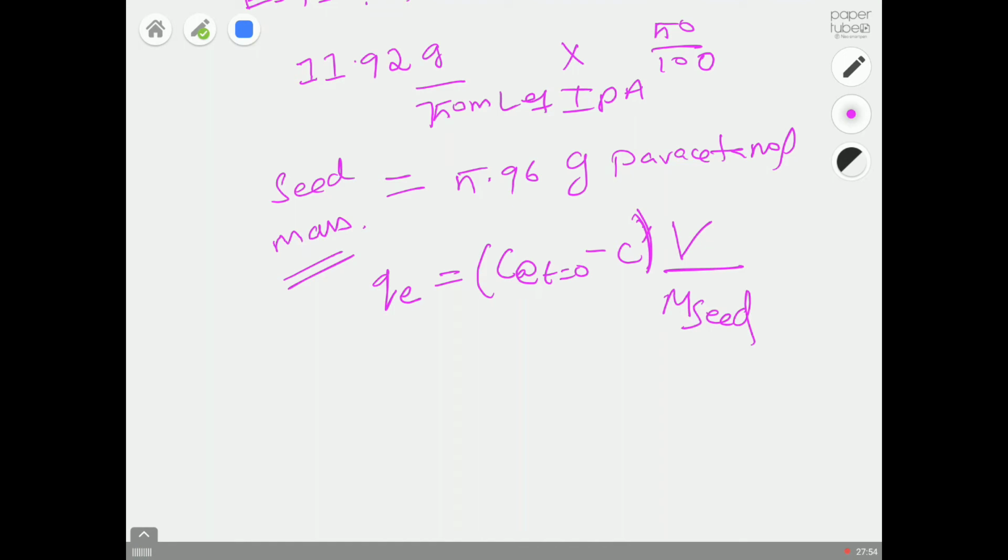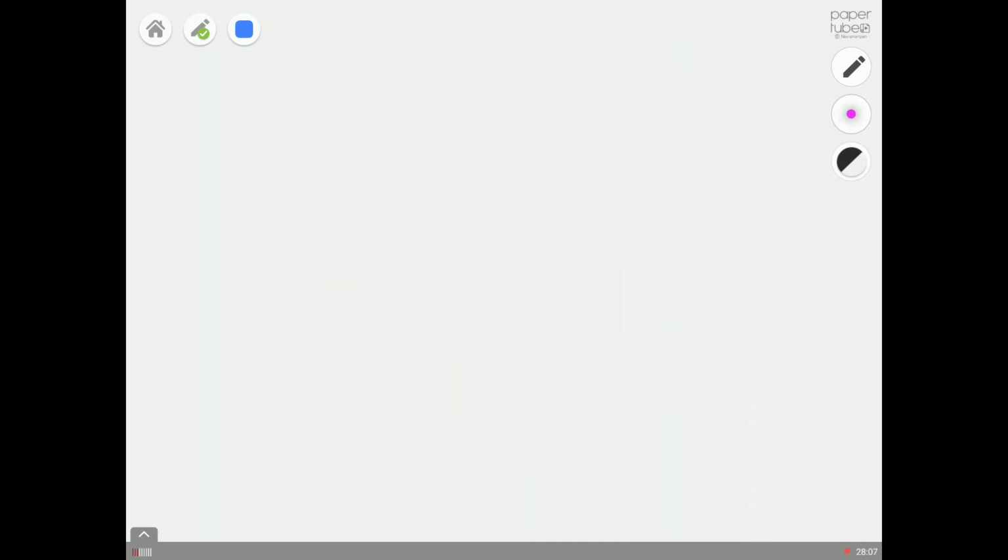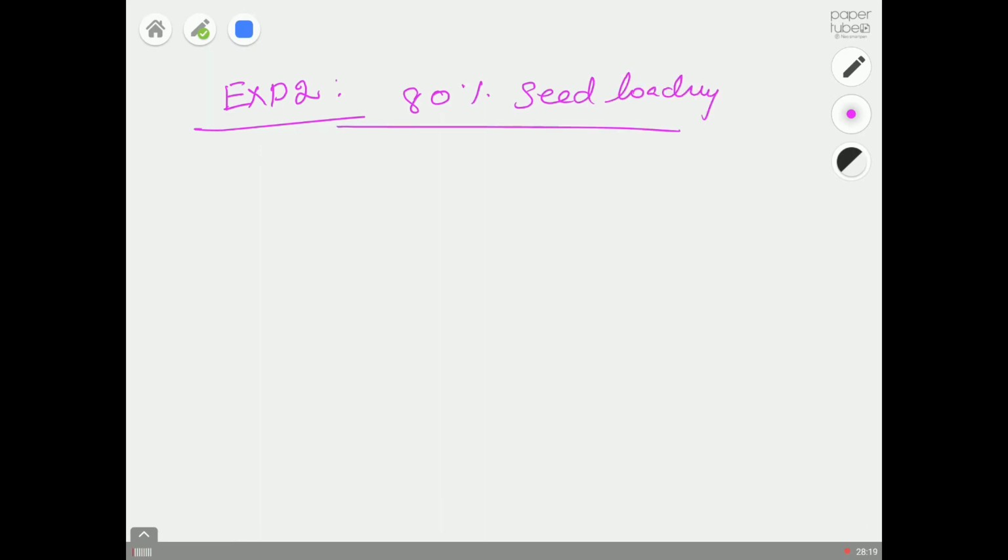So for your first experiment, the mass of your seeds will be equal to 5.96 grams. So try to calculate for experiment 2. Anyway, it's simple. For 80% seed loading, that's the only difference between experiment 1 and experiment 2.